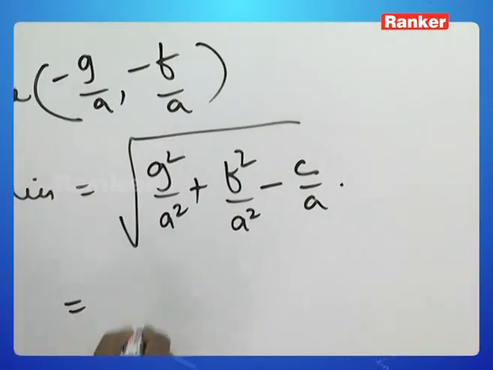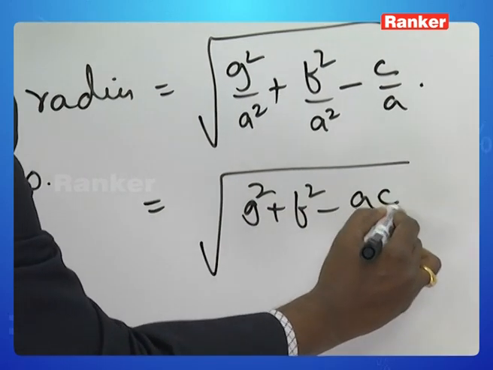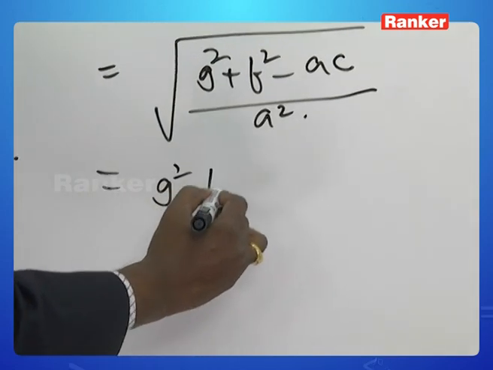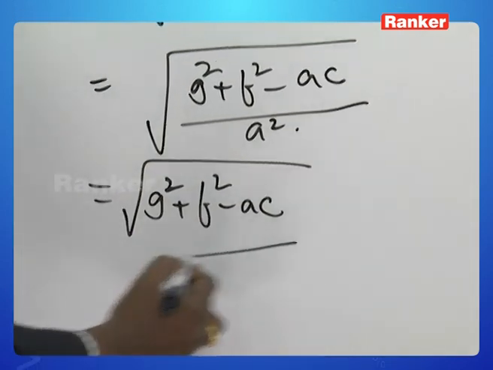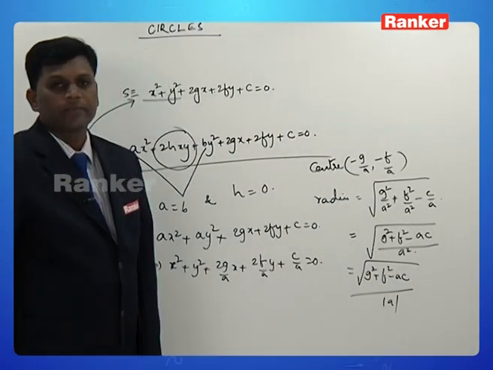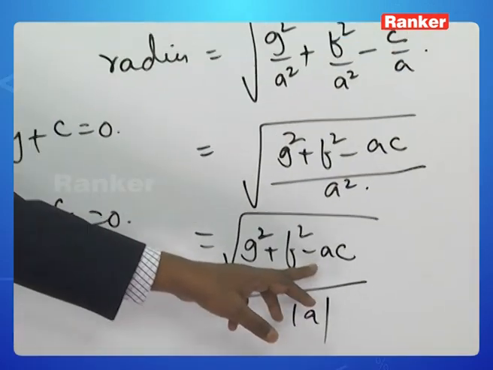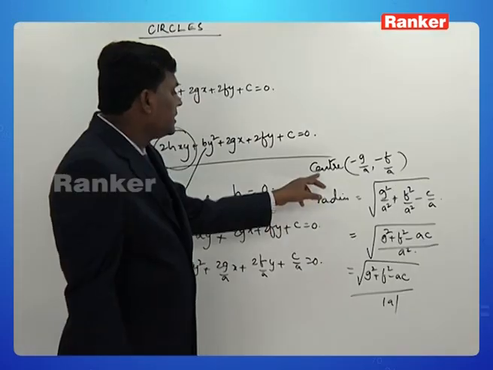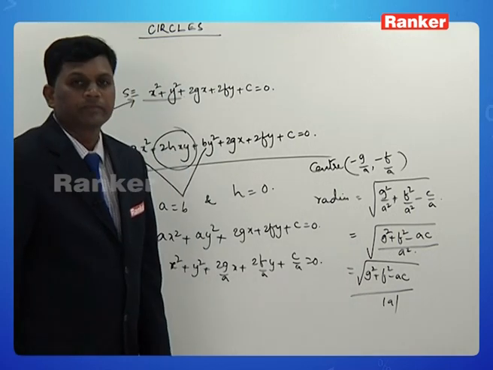Taking the LCM, g square plus f square minus ac by a square, which can also be written as root of g square plus f square minus ac by root of a square, and as we know, that is always mod a. So the radius of this circle will be root of g square plus f square minus ac, by mod a, and the center of this circle is minus g by a, minus f by a.